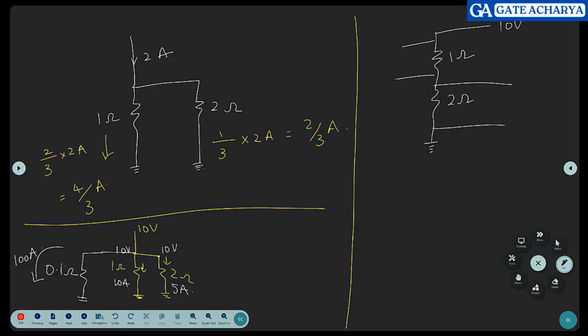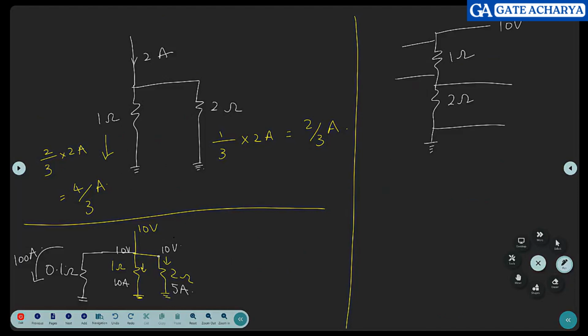How do you go about it? Where is the voltage high? Across 2 ohms. So who decides that voltage, the particular resistor or the opposite resistor? See, in the parallel case, the current through this is decided by the opposite resistor. But in this case, the voltage is decided by the particular resistor.